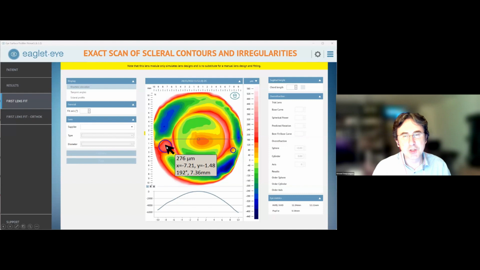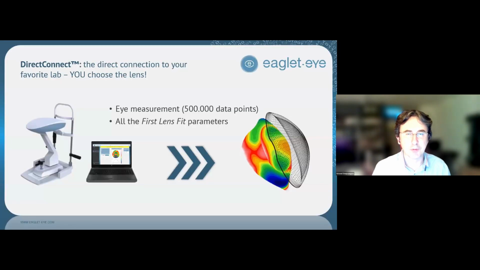So here, just to highlight this pinguicula, this is the same photo as we saw before. And so you see, wherever you put your mouse, you get the relative height, and you also get its position from the apex. So the device just provides you with all the information that you need in order to place your order with a lab.